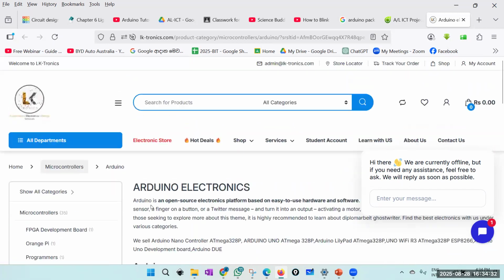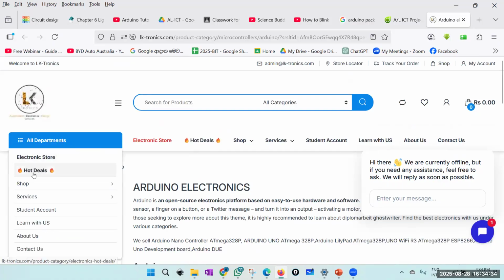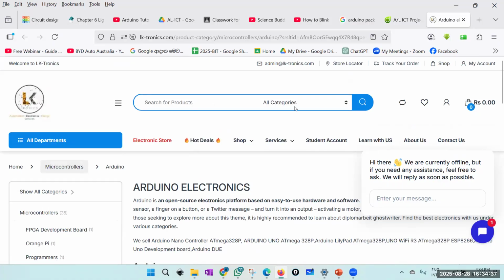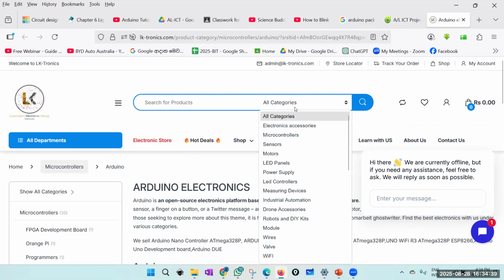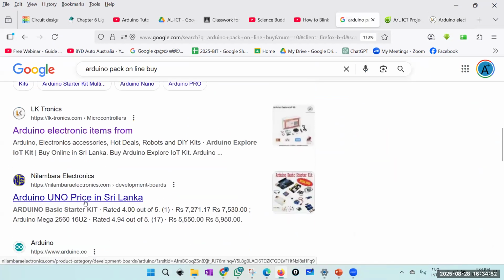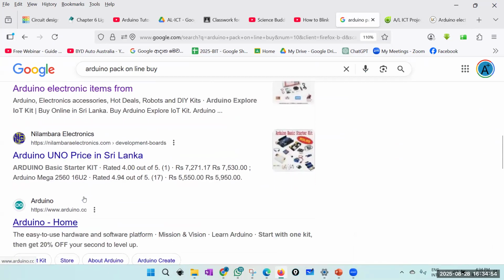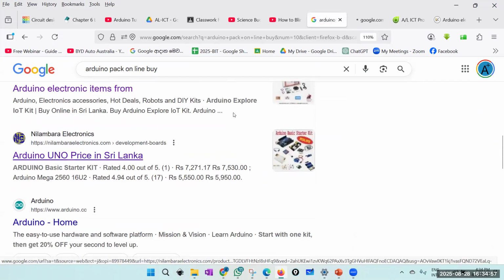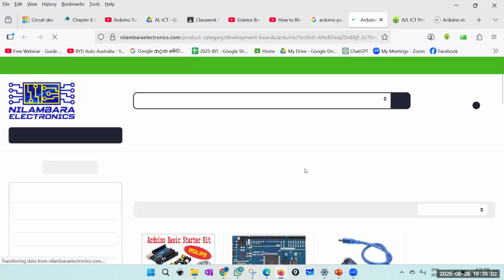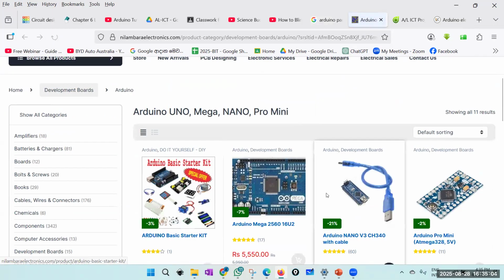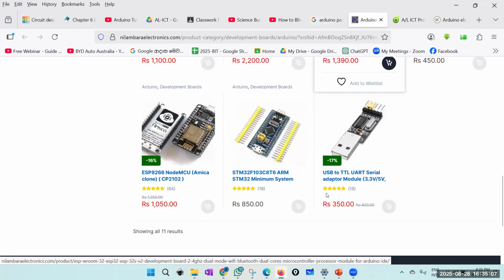It looks like they don't have packages. Starter kits. Yeah, it looks like they don't have the starter kits. So you can do a search. They also have electronics, but not the packages.